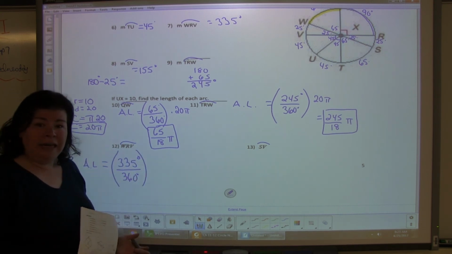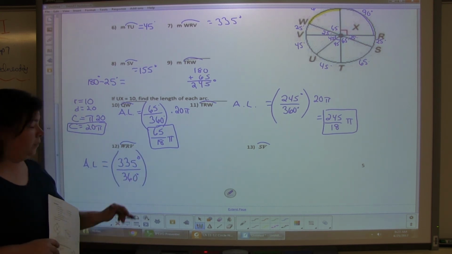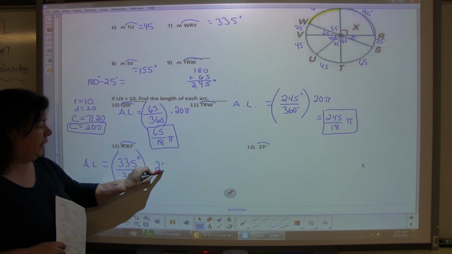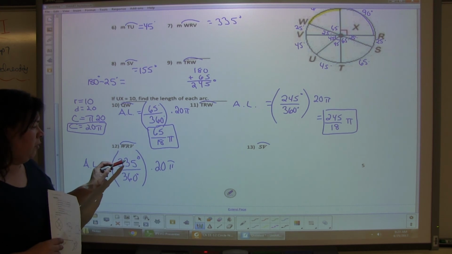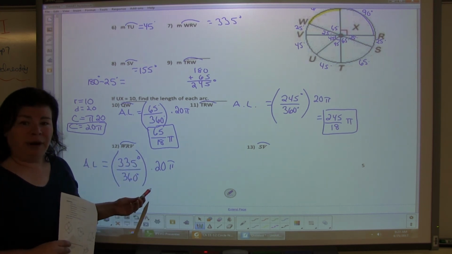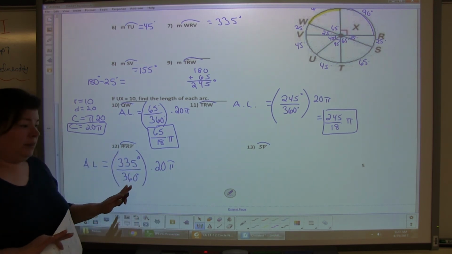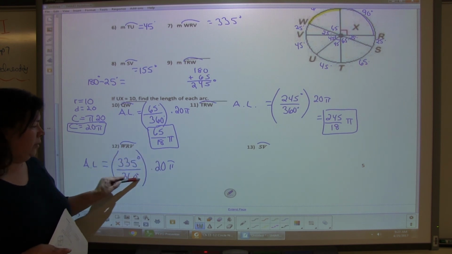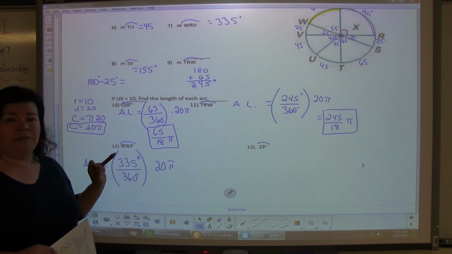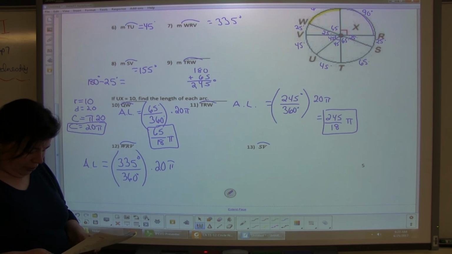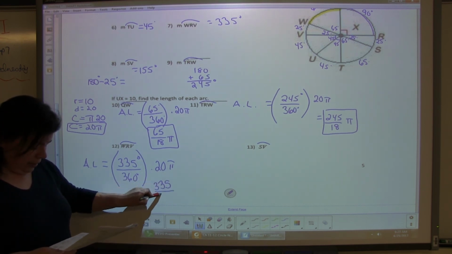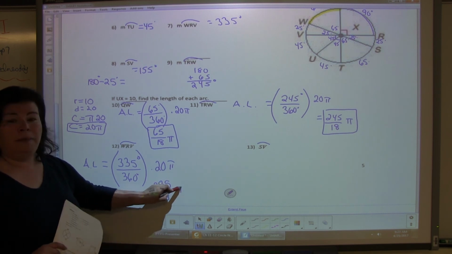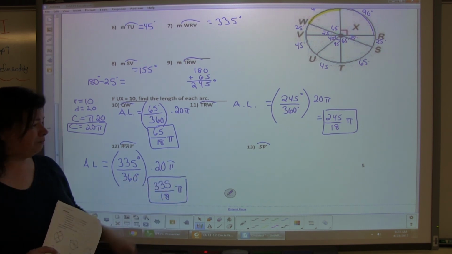We're going to put that in as a fraction in your calculator, multiply that by 20, and then since 20 pi is our circumference, we know that we're going to have to hit math, enter, enter again without the pi in there and figure out what 335/360 times 20 is. Math, enter, enter that, and we should get 335/18 pi is our answer.